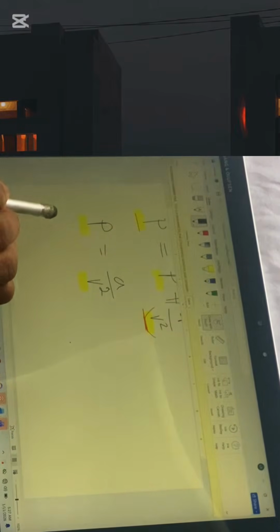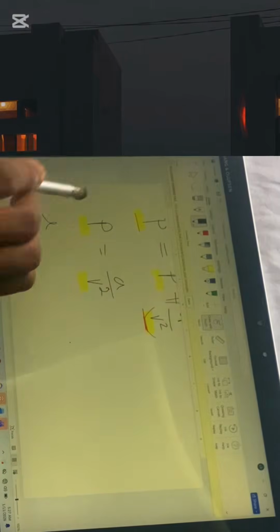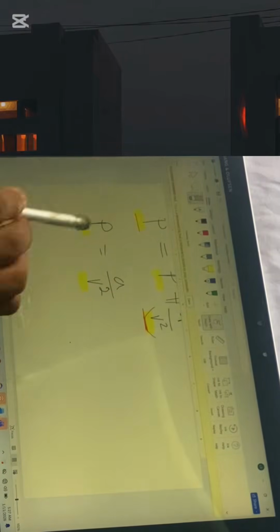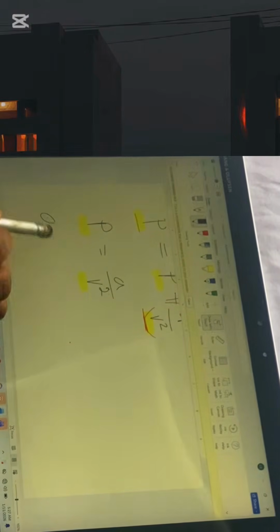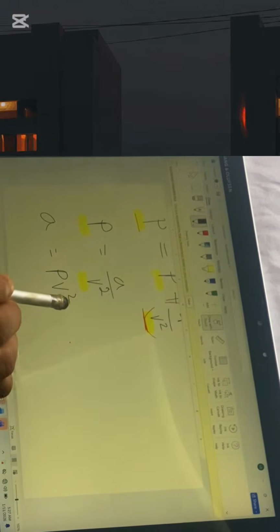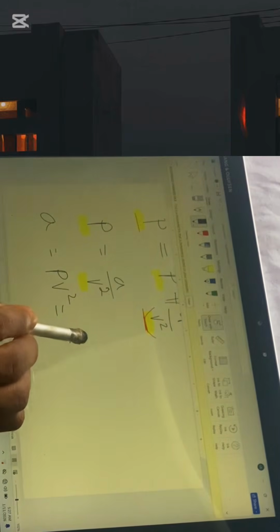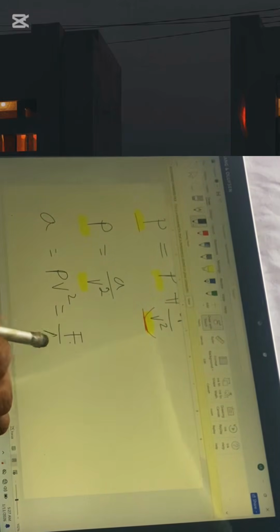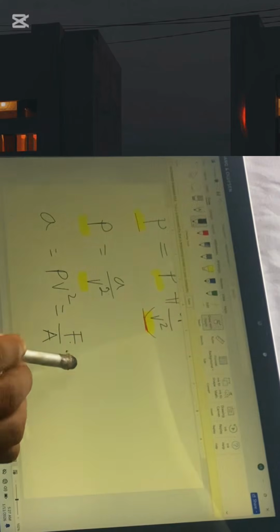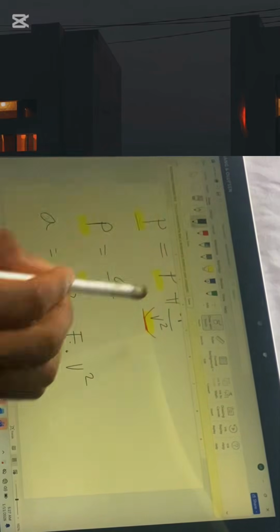When you do that, A will be equal to PV square. And pressure in formula is known as force over area, times volume V square. The formula for this is this, remember, times V square.